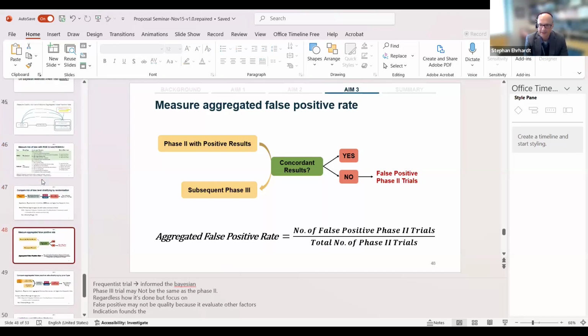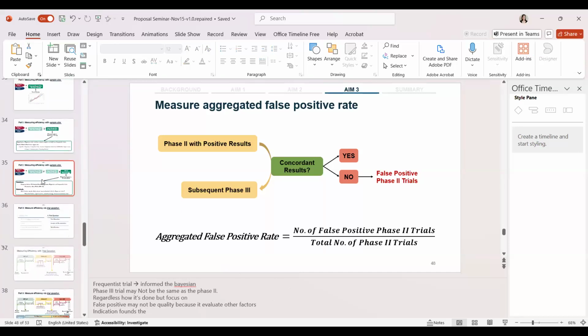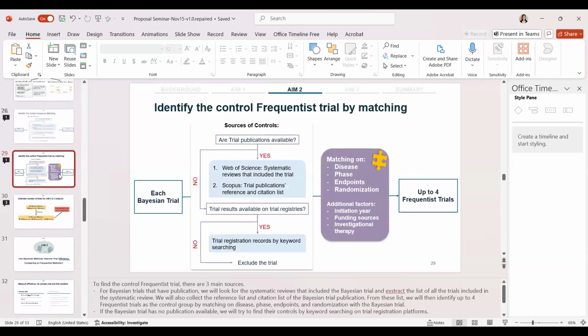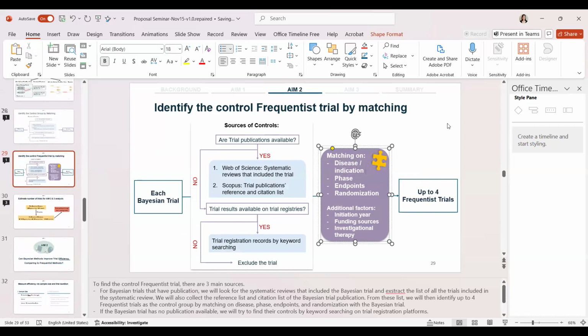So in the matching strategy, I am going to match the frequentist and Bayesian trials by the disease. I should probably phrase this more accurately as indication, but I am at this point not sure if I can find exact indication matches for severity, disease, and potentially the biomarkers that define the subgroups.